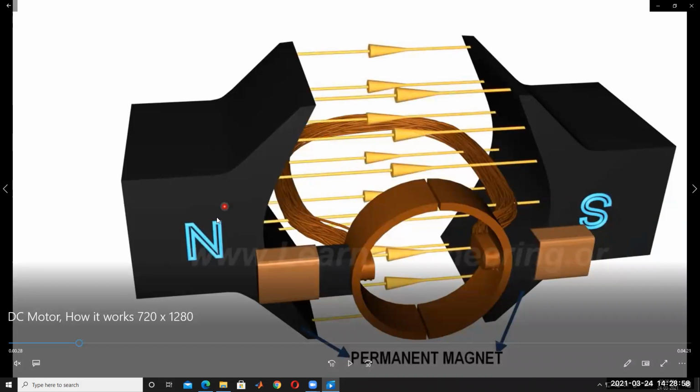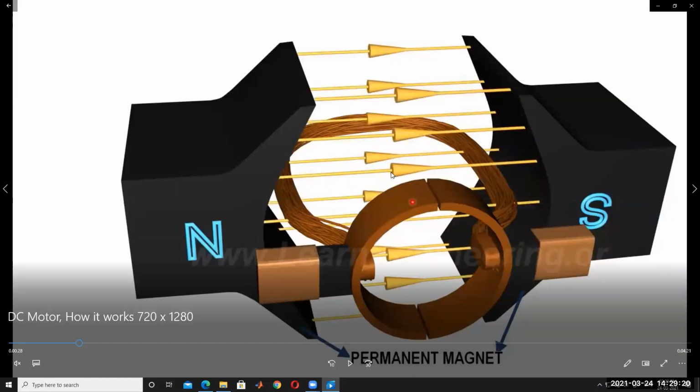If it is a permanent magnet, the flux is generated from the north pole to the south pole. The flux links through the armature conductors like this. The flux leaves from the north pole and enters the south pole.